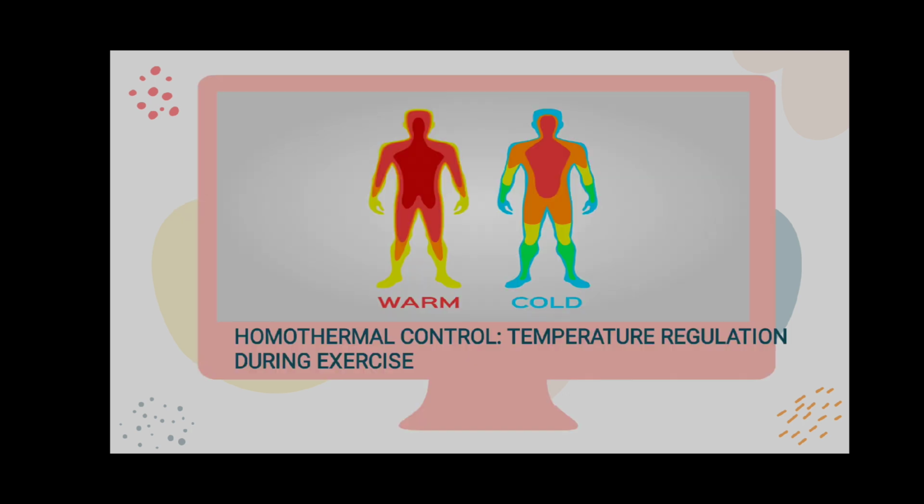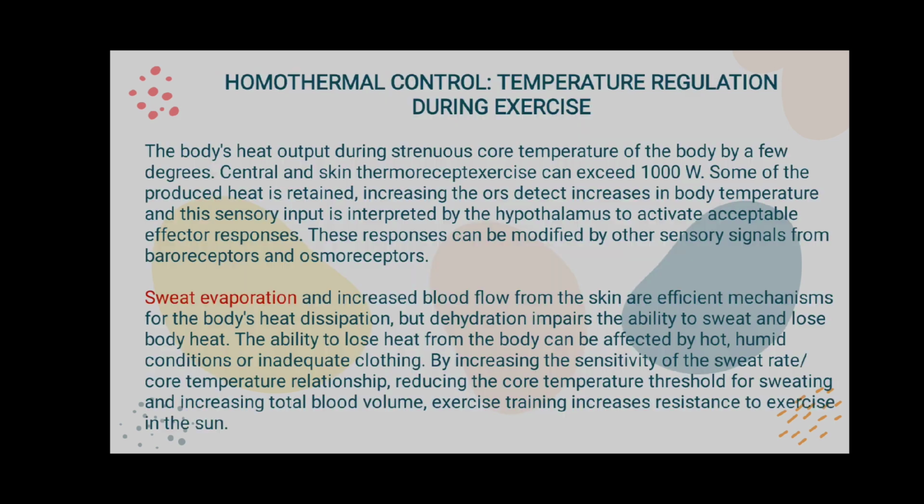And now I will discuss thermal control and temperature regulation during exercise. Sweat evaporation and increased blood flow to the skin are efficient mechanisms for the body's heat dissipation, but dehydration impairs the ability to sweat and lose body heat. The ability to lose heat from the body can be affected by hot, humid conditions or inadequate clothing.